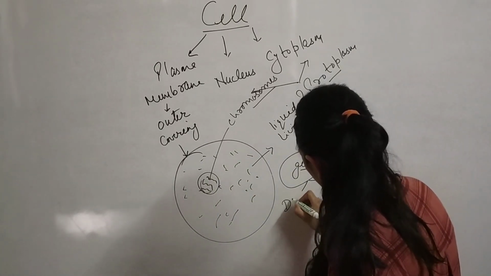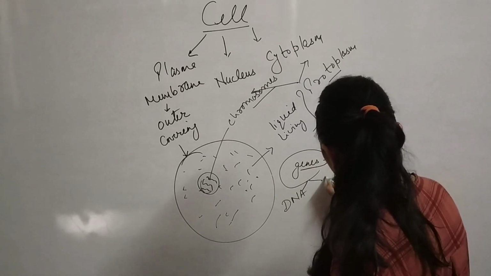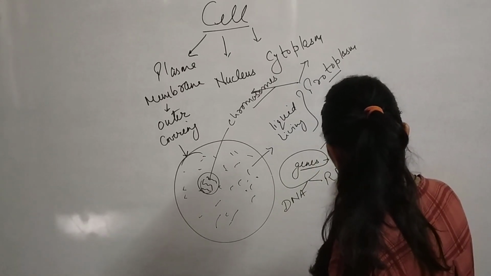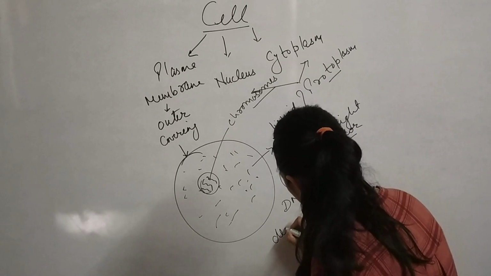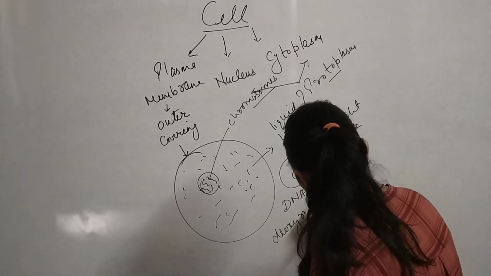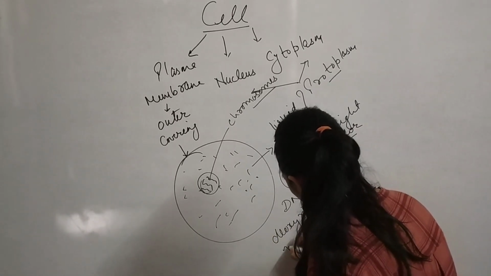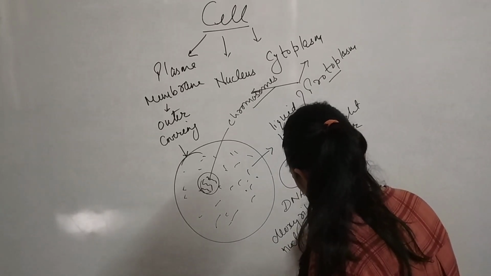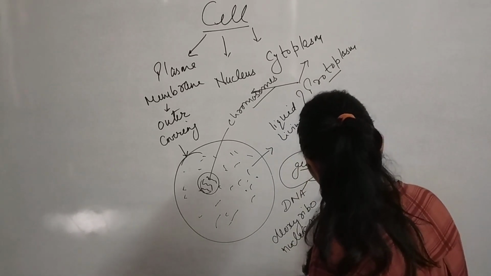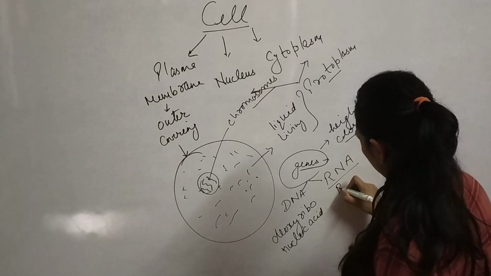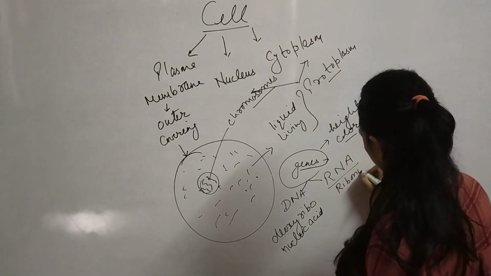This genetic material is of two types: DNA and RNA. What is DNA? Deoxyribonucleic acid. And what is RNA? Ribonucleic acid.